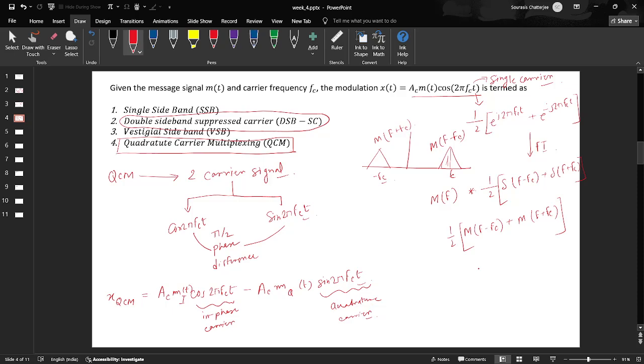So that is another reason the carriers are said to be quadrature. What I mean by that, I will come to in a minute.